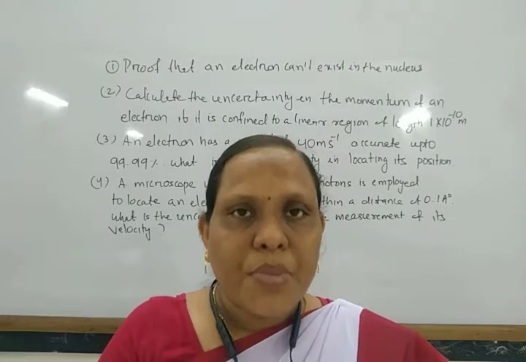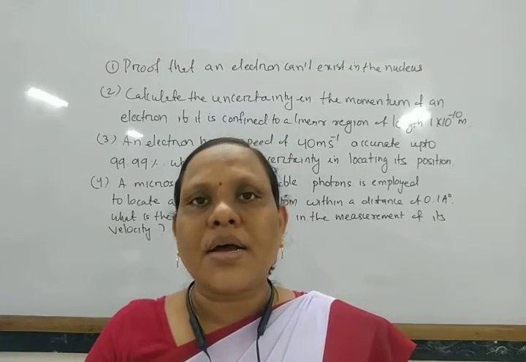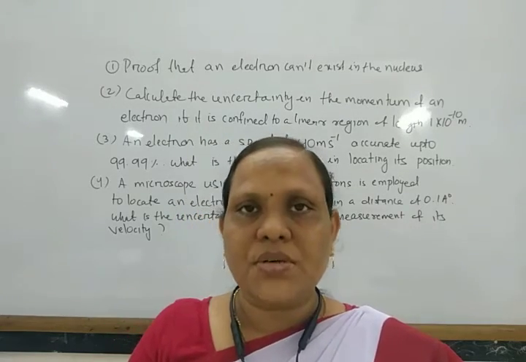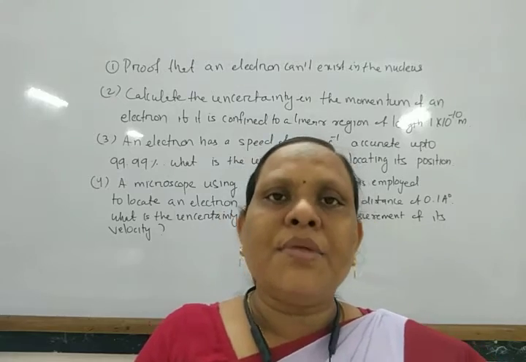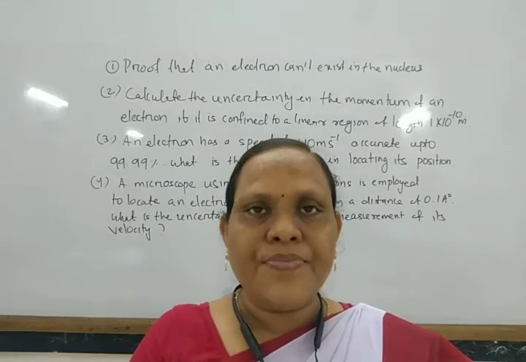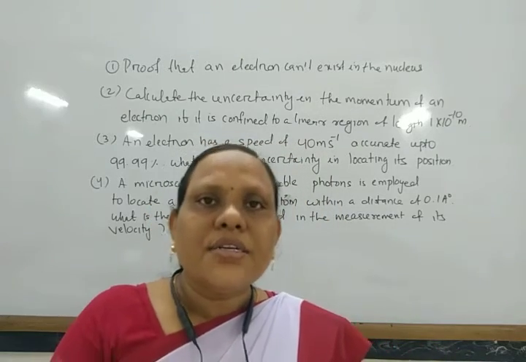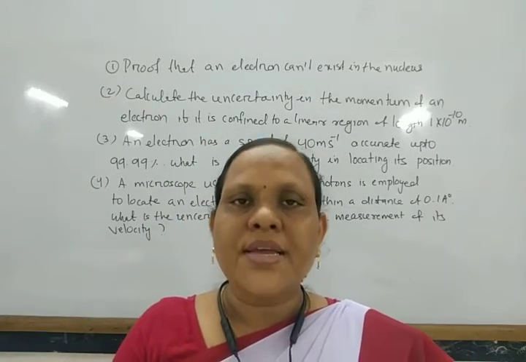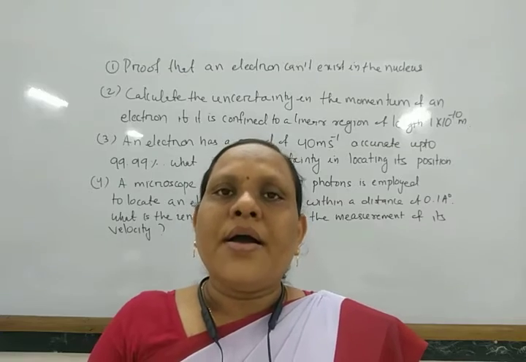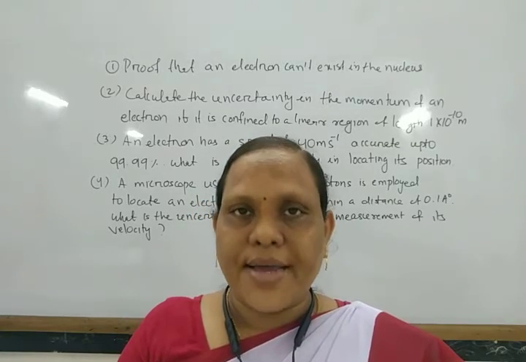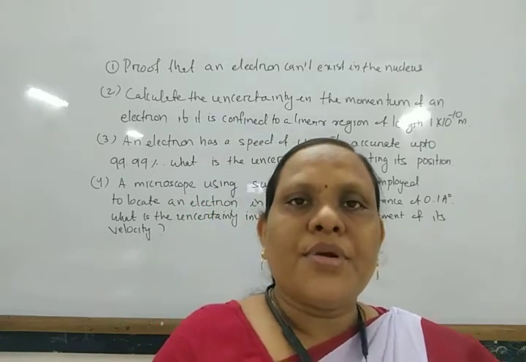And if we know the momentum accurately, then we cannot determine what is its position accurately. So, in this mathematical relation, the product of uncertainty in position and uncertainty in momentum is equal to h by 4 pi.